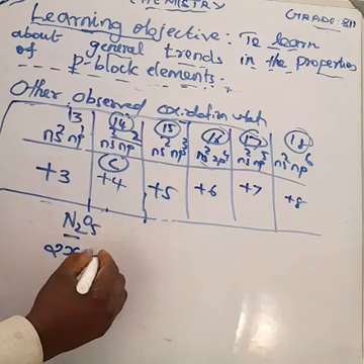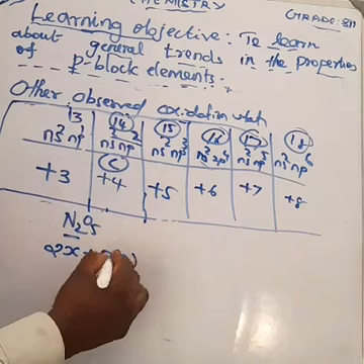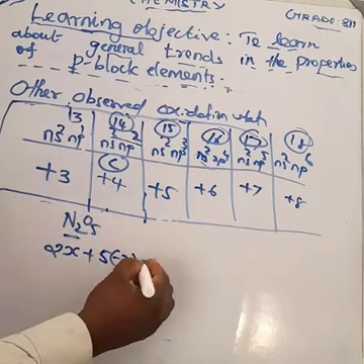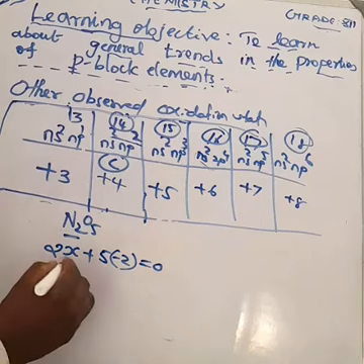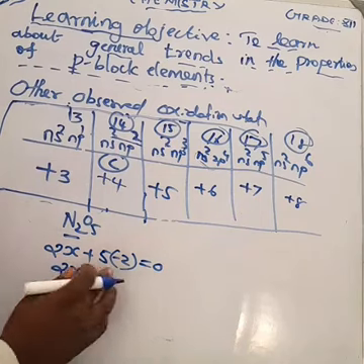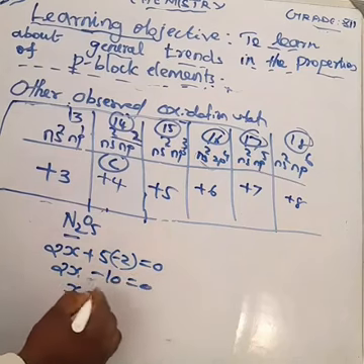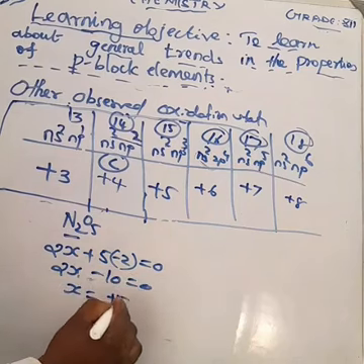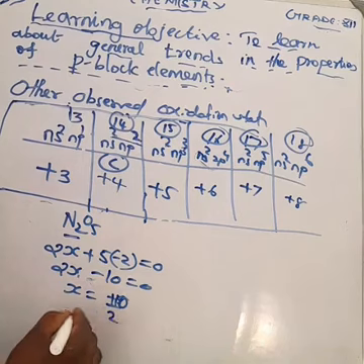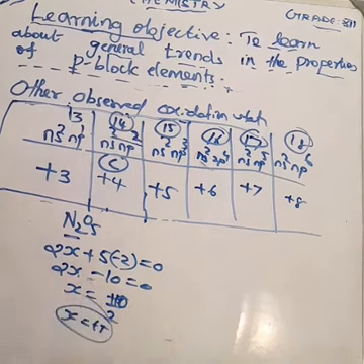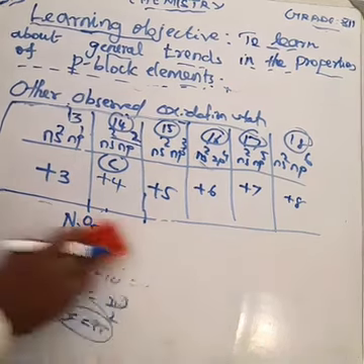It is 2X plus, how much oxygen is there? 5 oxygen. So 5 into minus 2 equal to 0. That is 2X minus 10 equal to 0. X is equal to plus 10 by 2 equal to plus 5 oxidation state. Can you understand, my dear children? Please do the work. Okay.